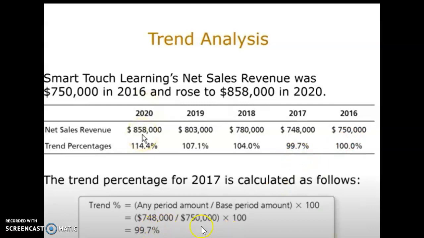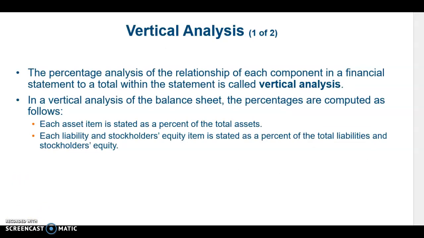So here it says if you do the 748, which is what we just did, divided by the 750 and times it by 100, you would get 99.7%. So trend analysis is a horizontal analysis of a period of more than 1 year. So when performing a trend analysis, the base year is going to be 100% because it's just itself divided by itself.